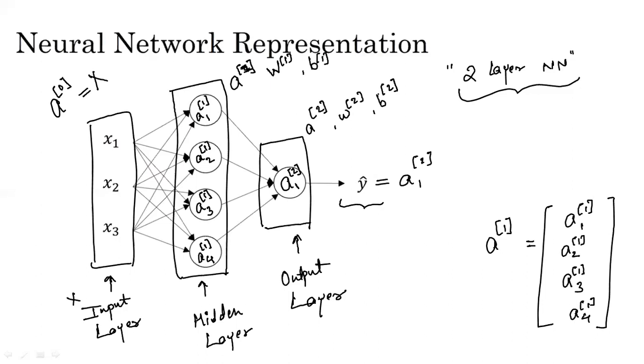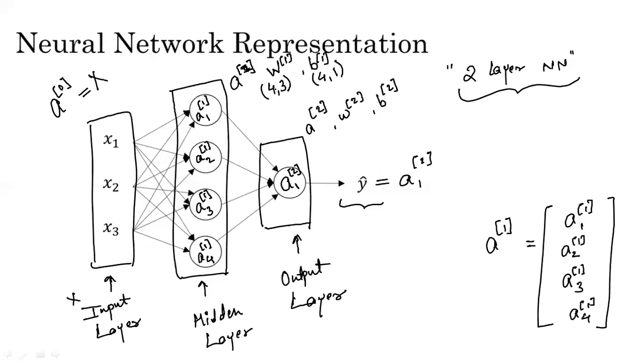Now if I need to find the dimensions of the parameters W1 and B1, the dimension of W1 would be a 4 cross 3 matrix, and B1 would be a matrix of dimension 4 cross 1. Why am I writing these dimensions?